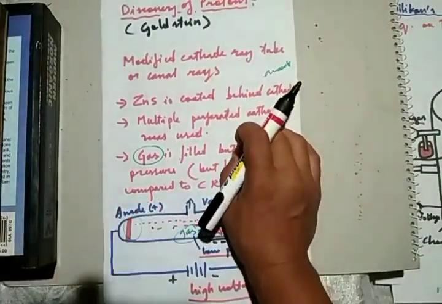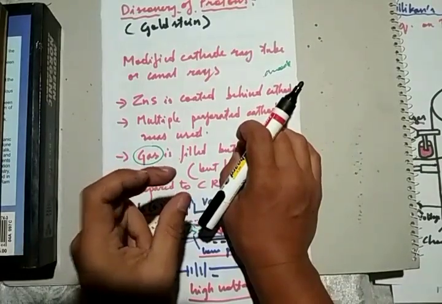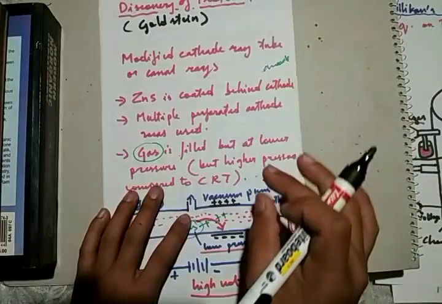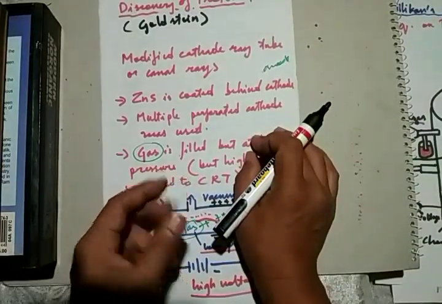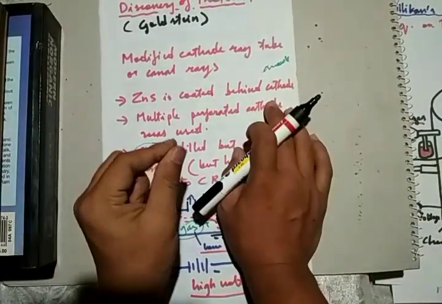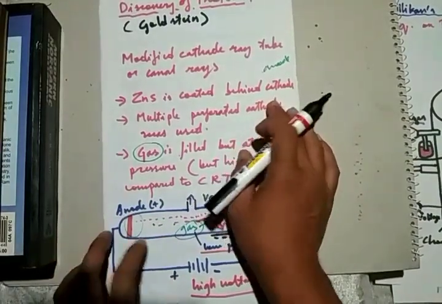That means many holes were made at the cathode electrode. But for the discovery of electrons, we have seen that there was one hole at the anode.